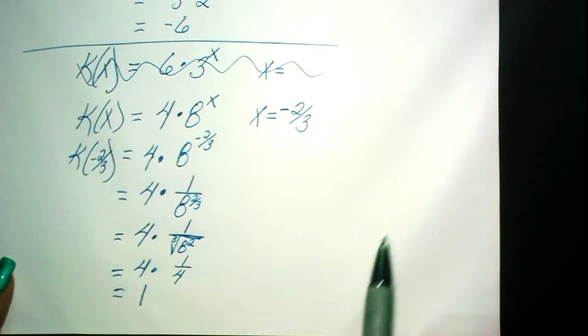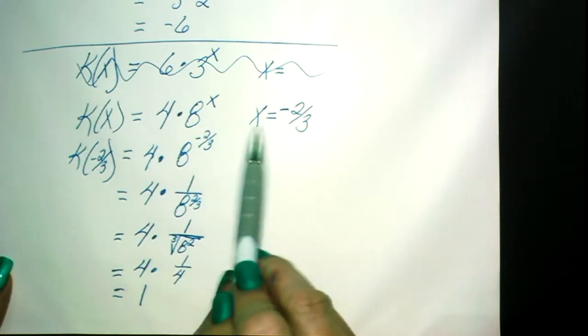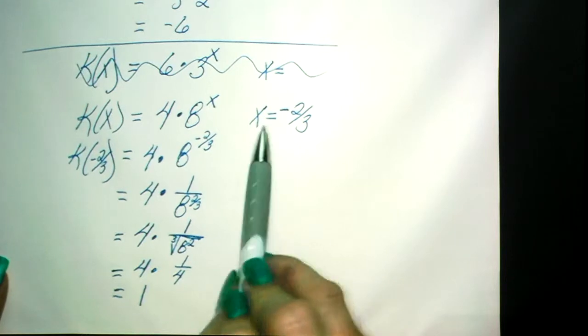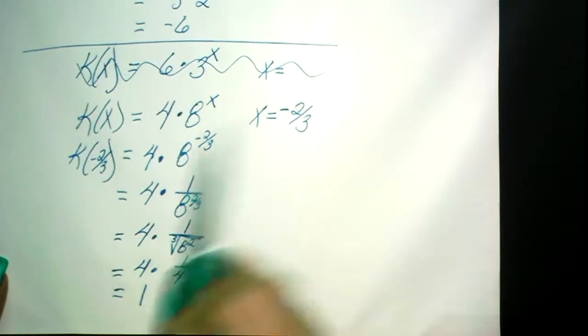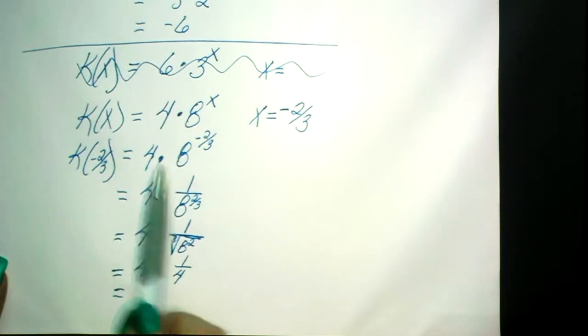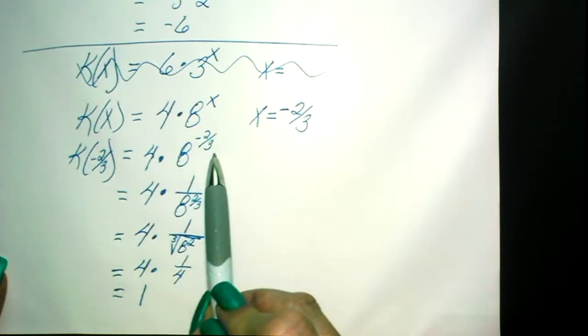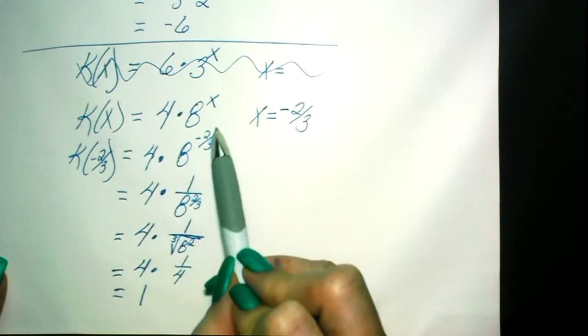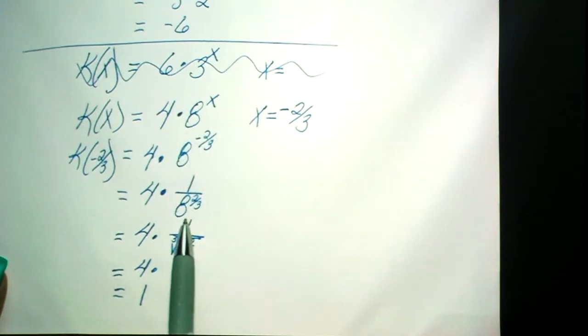Now for k of x, we're also going to plug in a fraction, but it's going to be a negative fraction, which adds a little extra that you have to do to the problem. So when we plug this in, we have 4 times 8 to the negative 2 over 3. Again, since it's negative, we have to move this 8 to the denominator, and the exponent becomes positive.